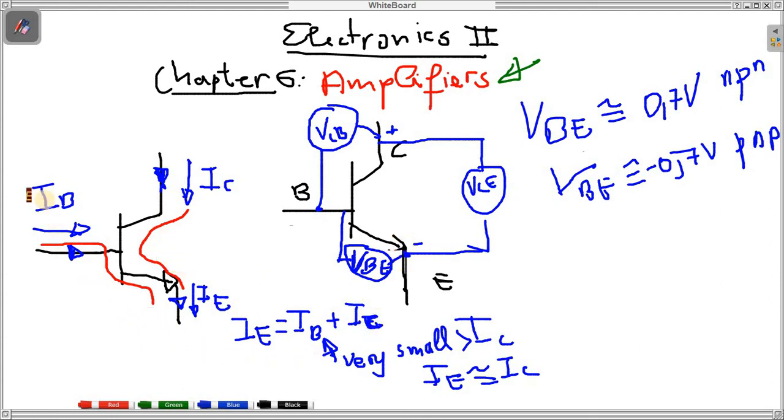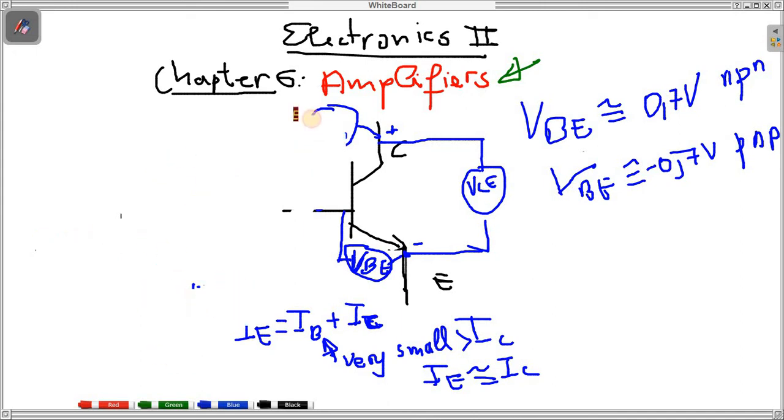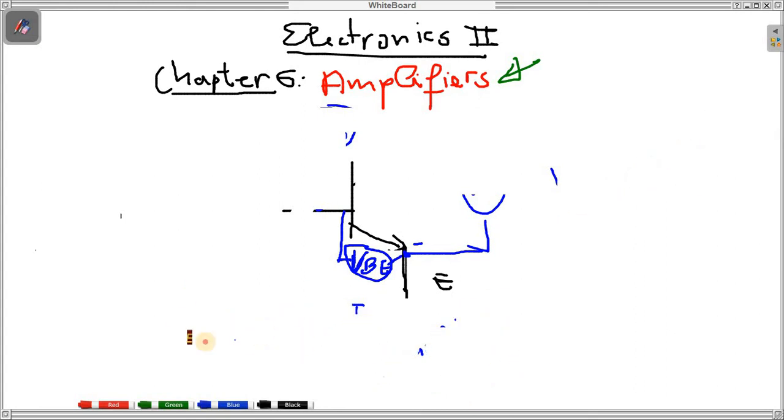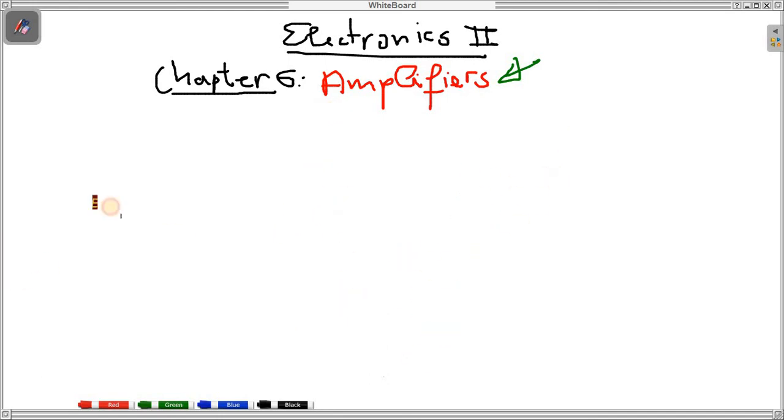In chapter 5 of our Electronics 1, we studied how to bias the transistor, different types of BJT bias circuits. The one we're going to use here in chapter 6, with our amplifier, is what we call the voltage divider bias circuit.